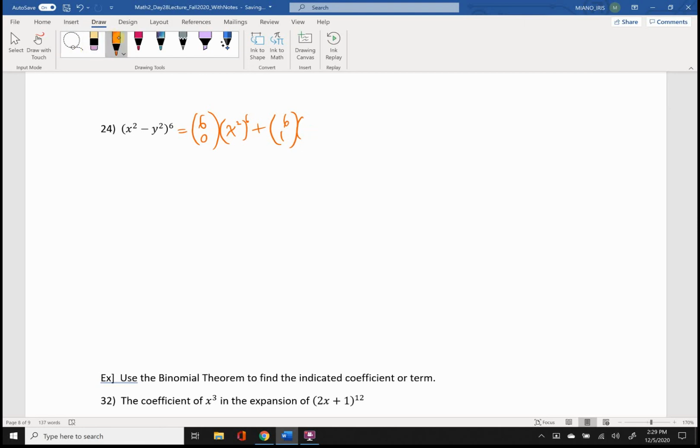That'll give you your negative y squared to the first power, and then your x squared will be raised to the 5th power plus 6, 2, negative y squared to the 2nd power, x squared to the 4th power.